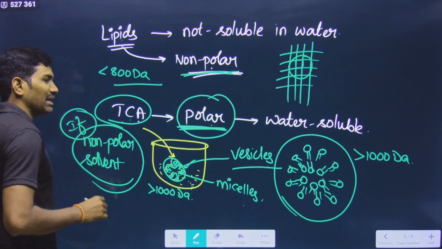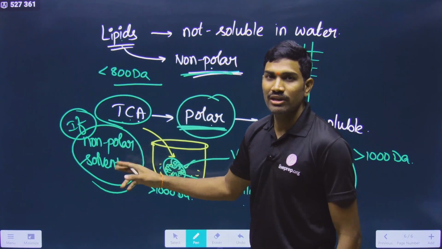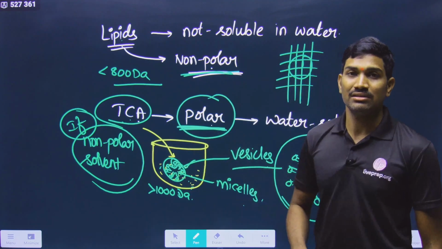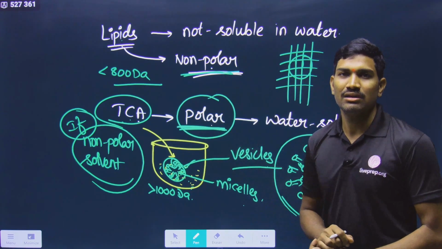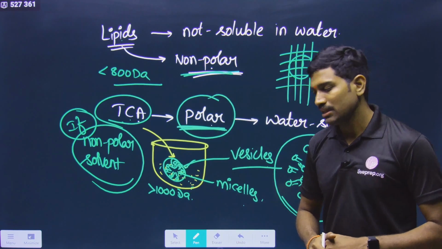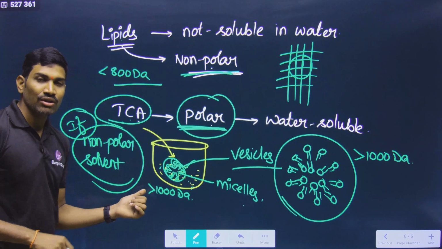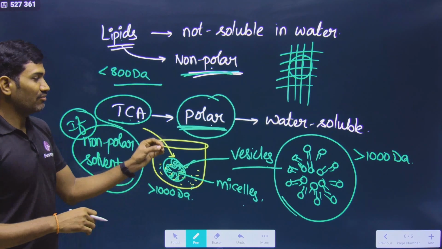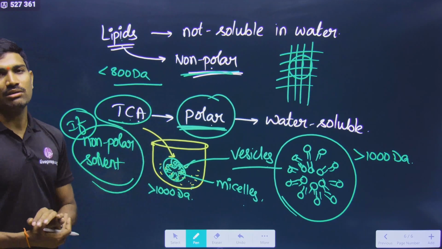This is just an imaginary condition. If a non-polar solvent is used in this experiment, then where will you expect these lipids? In the soluble fraction or insoluble fraction? Please tell me now. If a non-polar solvent is used, where can you expect these lipids? In the soluble fraction or insoluble fraction?